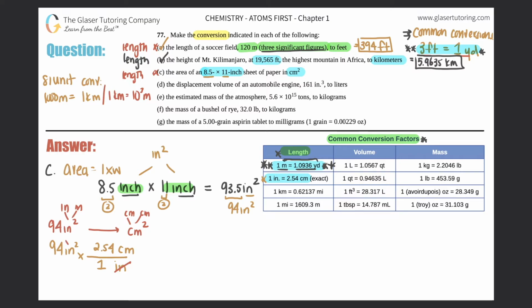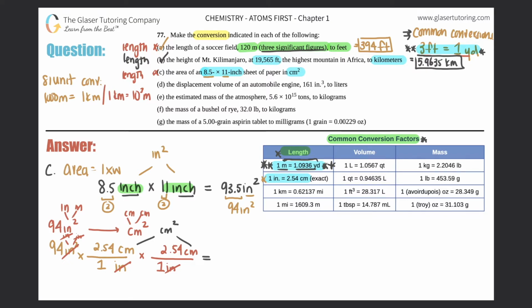Because this is inch times inch. So it only cancels 1 of them out. So how many times do you think you got to do this? 2 times. So I have to do it again. So literally the same exact conversion. The centimeters will go on the top, the inches will go on the bottom. And that will cancel out the other inch. So the whole inches squared will cancel out. And you're left with centimeter and centimeter. So that's centimeter cubed. Sorry, centimeter squared.